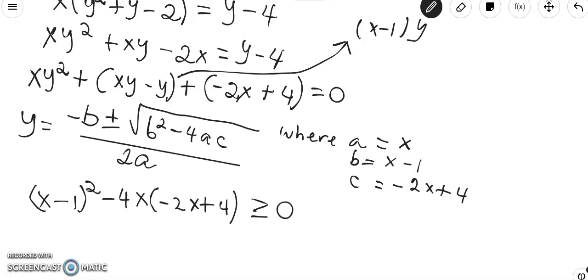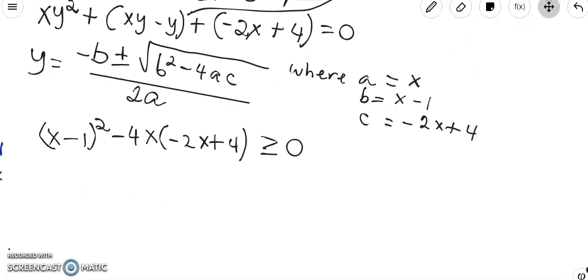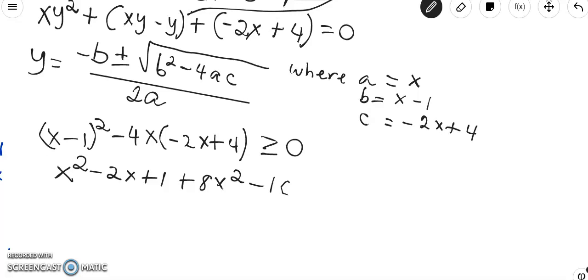So, isa-solve natin ang value ng x. So, magiging x square minus 2x plus 1 plus 8x square minus 16x is greater than or equal to 0.